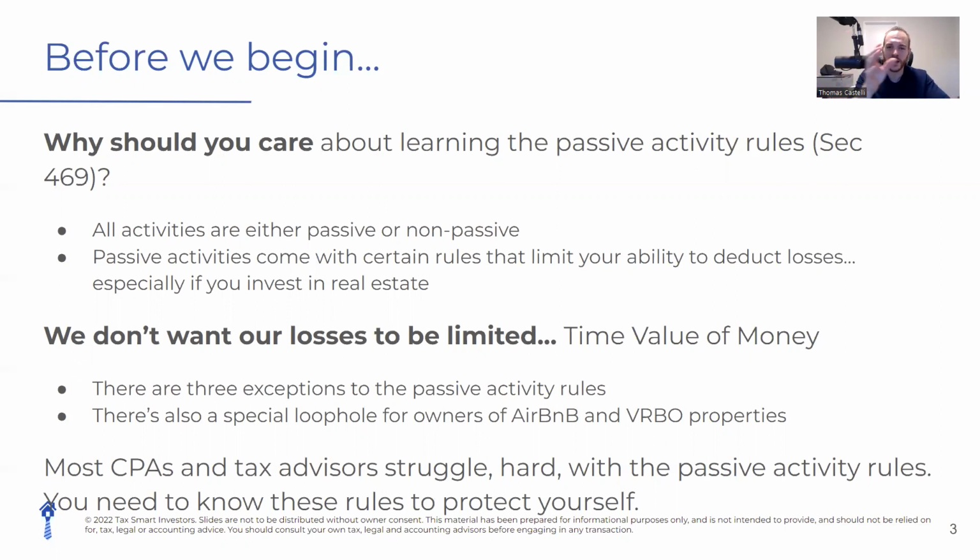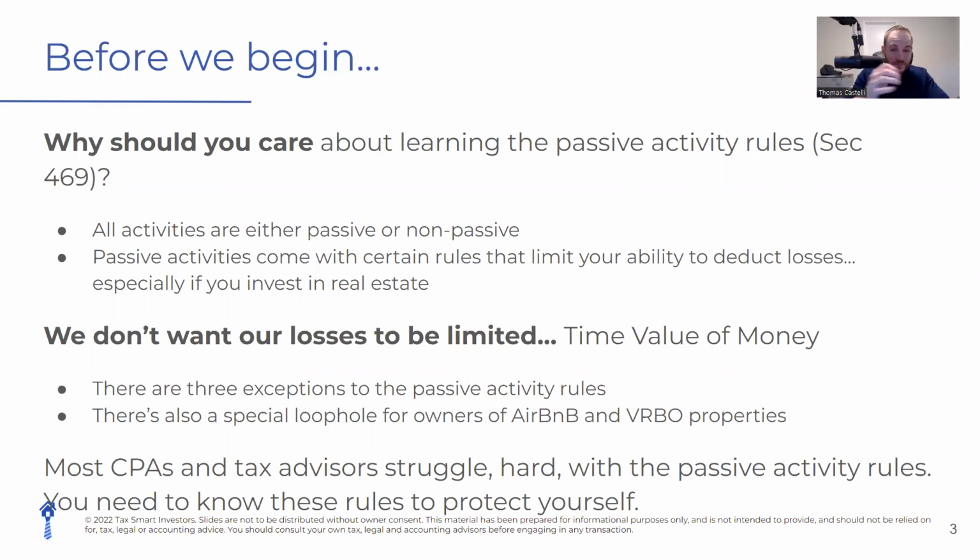The other part is that if you have $1 today, you can invest that $1 and earn a return on your money. And just to give you an example of how this would work, let's say you had $10,000 that you had to write a check to the IRS, right? Well, now that money is gone, poof, it's gone forever. And who knows when you'll ever get that back? You probably won't.